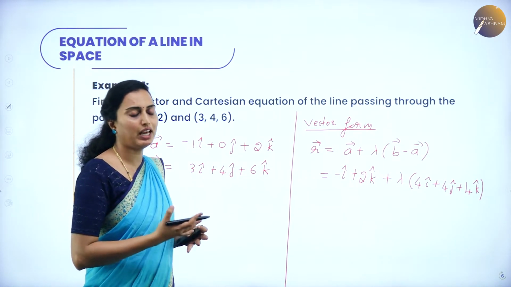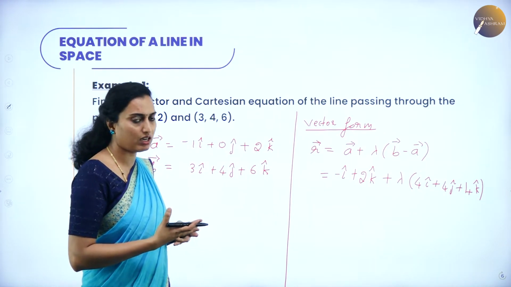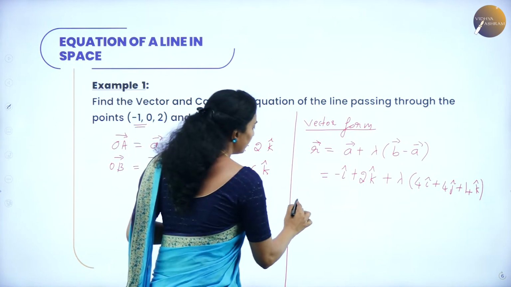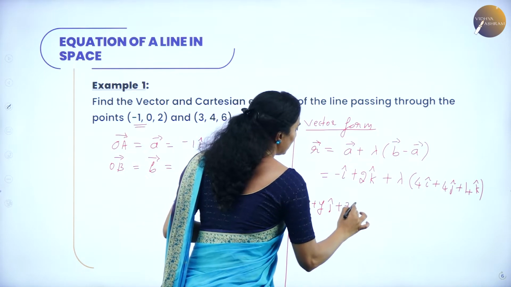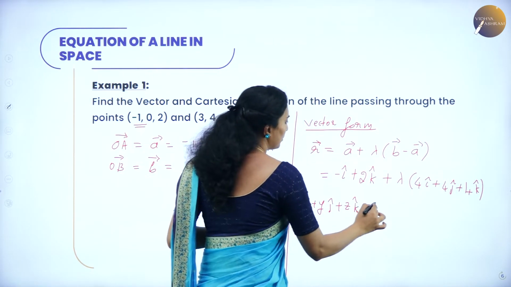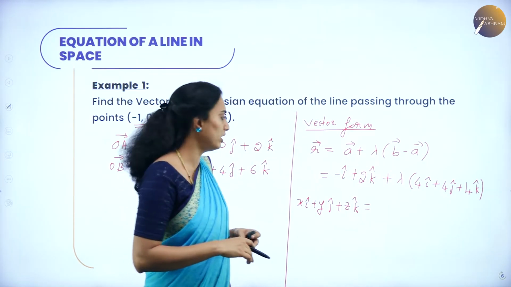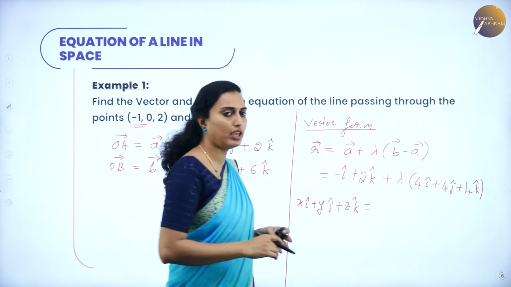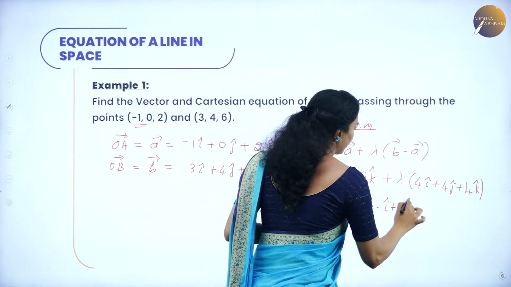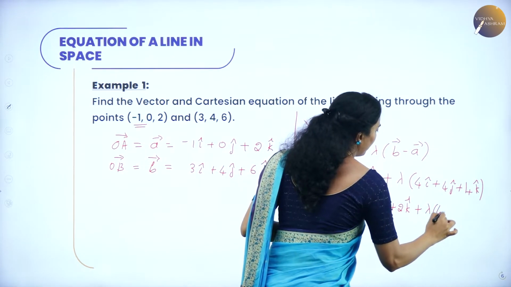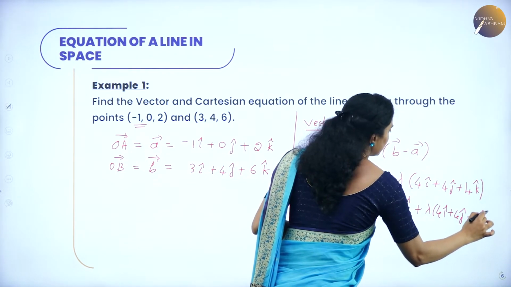The r vector is xi plus yj plus zk. So xi plus yj plus zk is equal to minus i plus 2k plus lambda into (4i plus 4j plus 4k). That's it, dears.